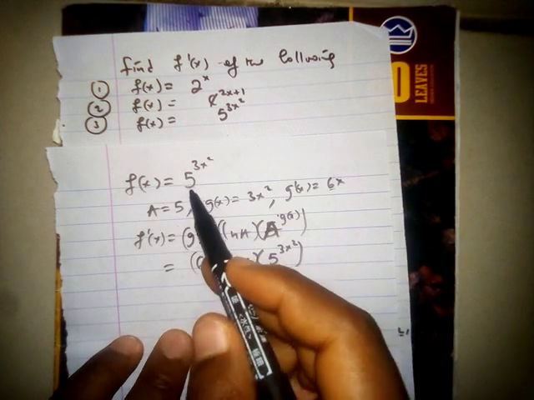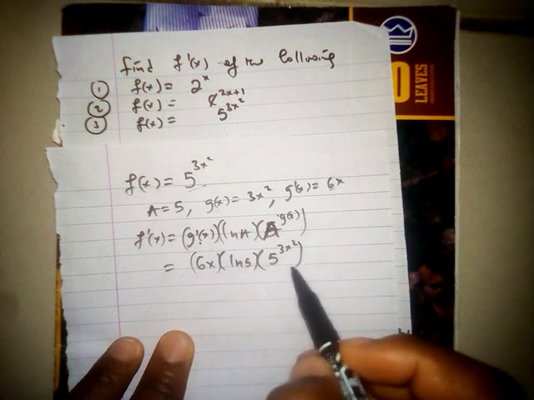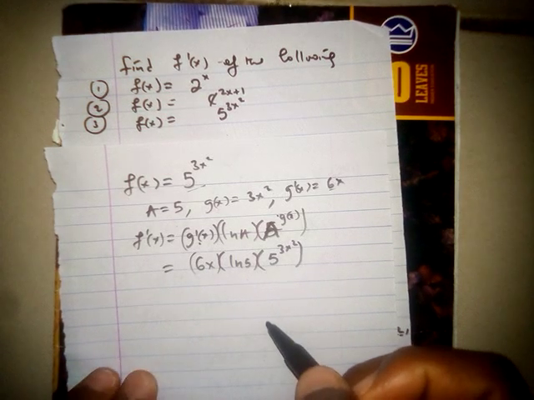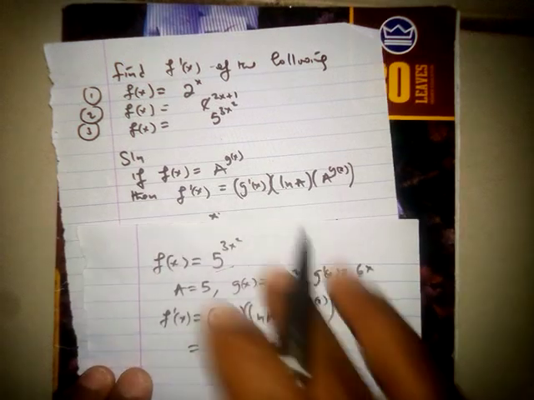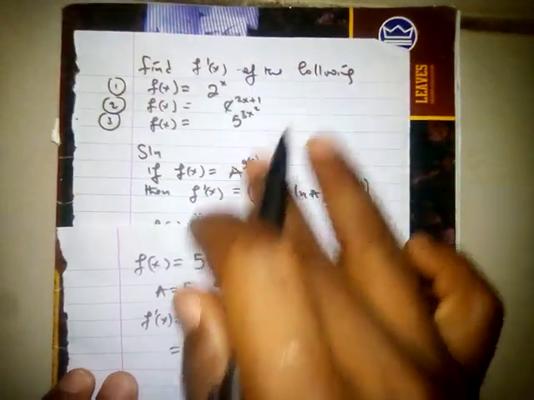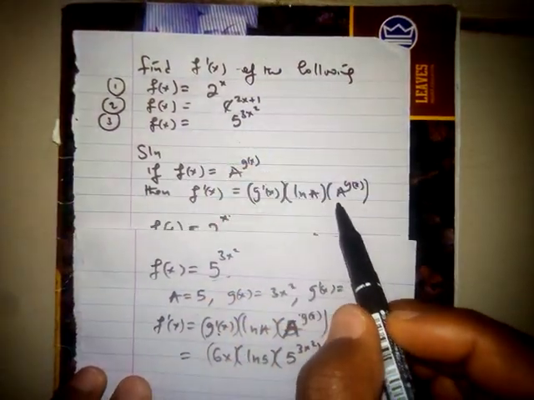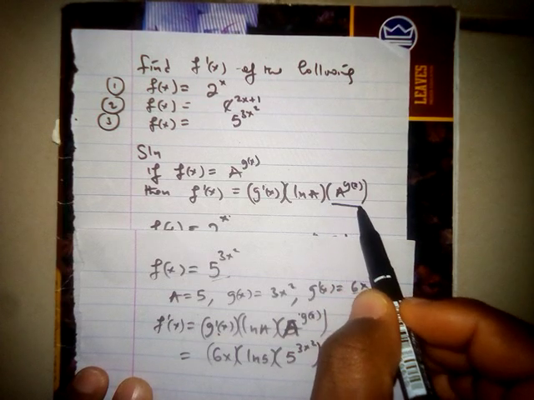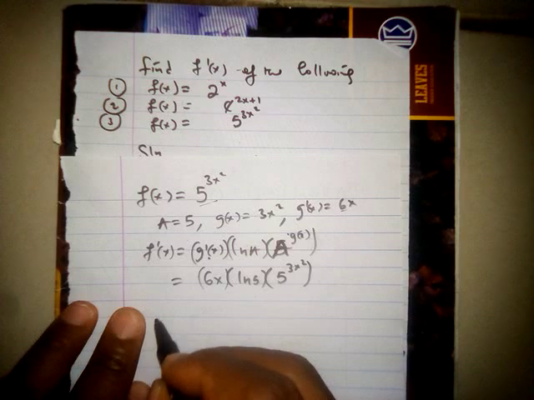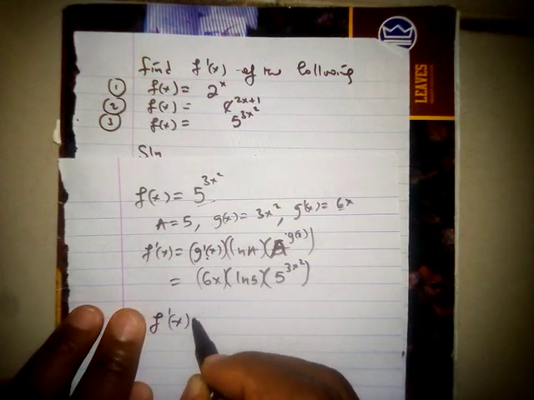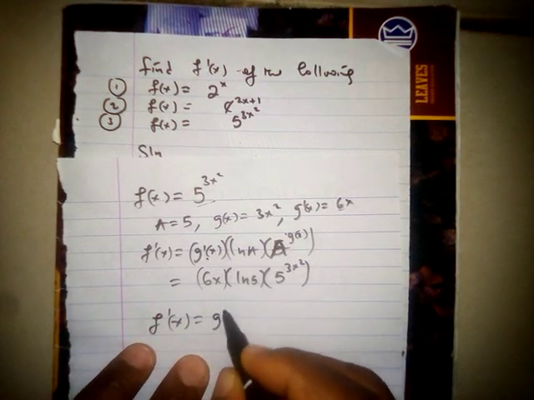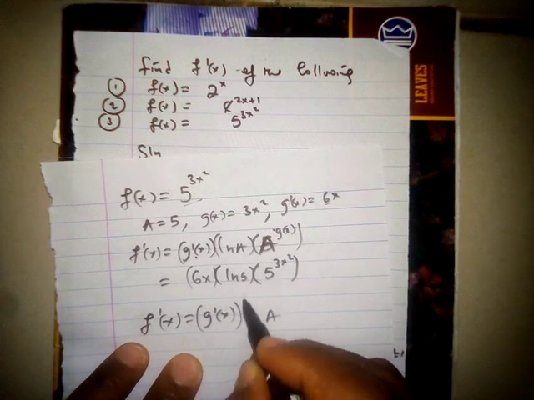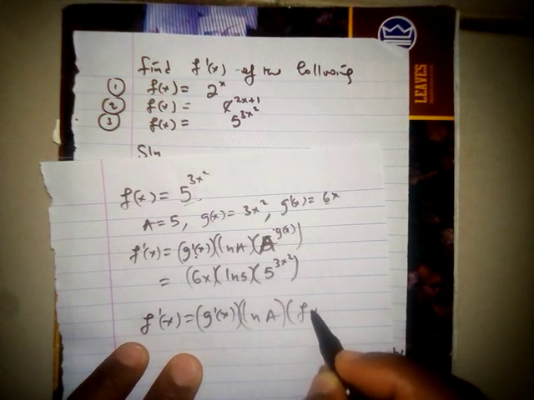So if you differentiate functions like this, we have this as our answer. Also, before I end this video, I want to say that if you're not comfortable writing this, you can put it as f prime of x is equal to g prime of x times the ln of a times f of x.